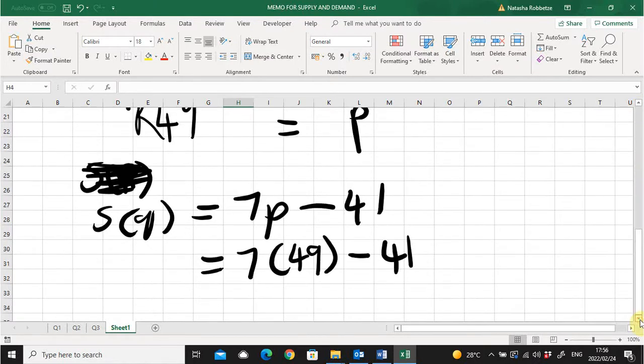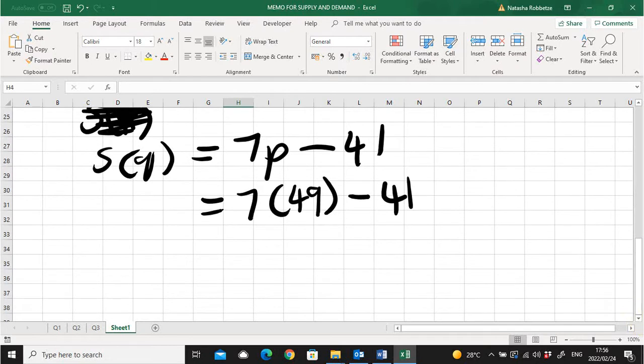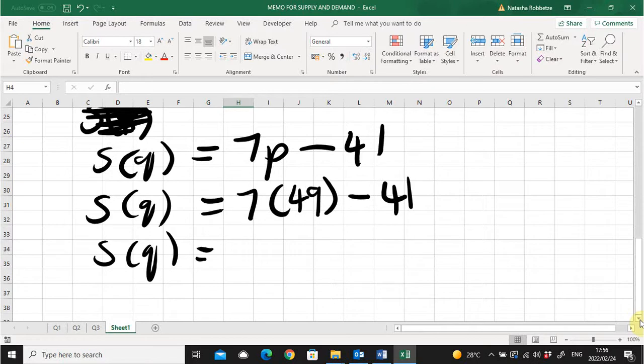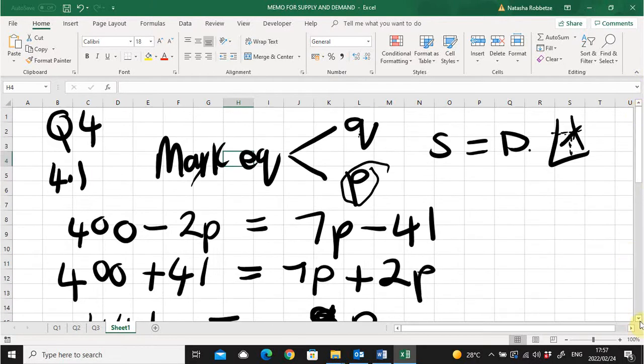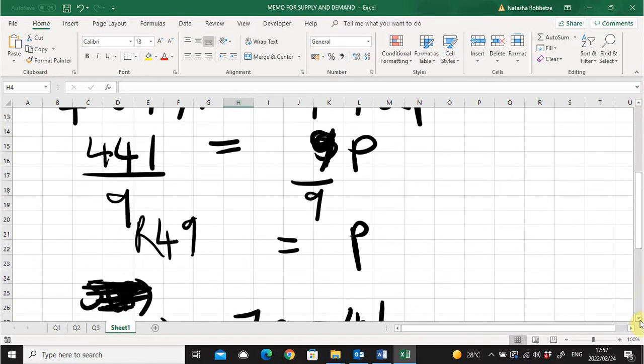And if I type that into my calculator, I get 302. So my final answer for the supply quantity is then 302. So we need to sell 302 units at a price of 49 Rand each to have market equilibrium in this instance.